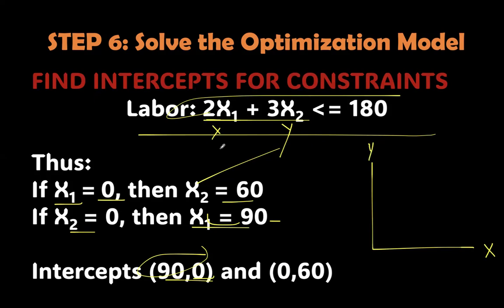Since your x right now is 90, suppose that the 90 is here. That's just an example for you to know that this is our 90. So x sub 2 is 0 here.